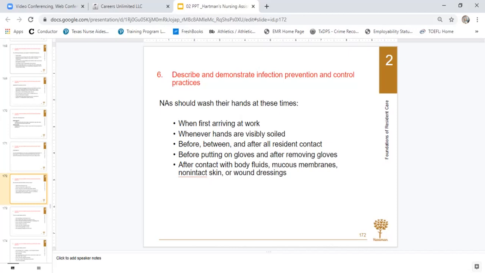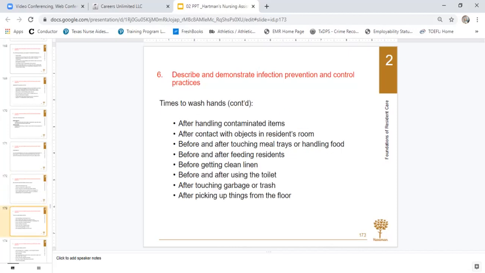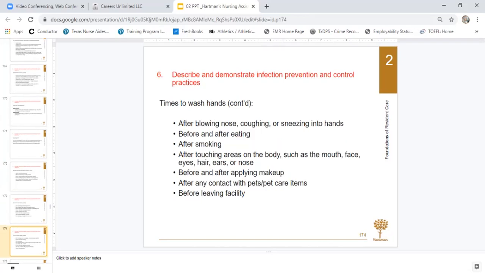Put enough to actually get your hands completely wet, and you're supposed to rub that sanitizer until it dries out, okay? If you look at people, they usually just get one little spray of foam and that's it. That's really not the way it's supposed to be used, okay? I think that's another thing that hasn't been really reinforced and pushed on. You have to get enough sanitizer to get all your hands wet and wash your hands with it. Not just rub it, but wash your hands with the sanitizer.